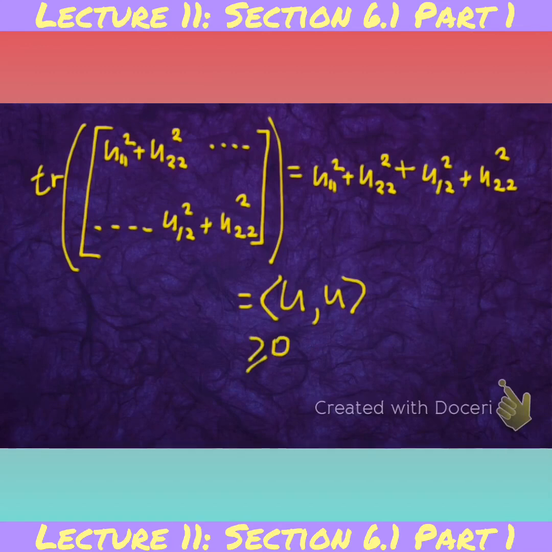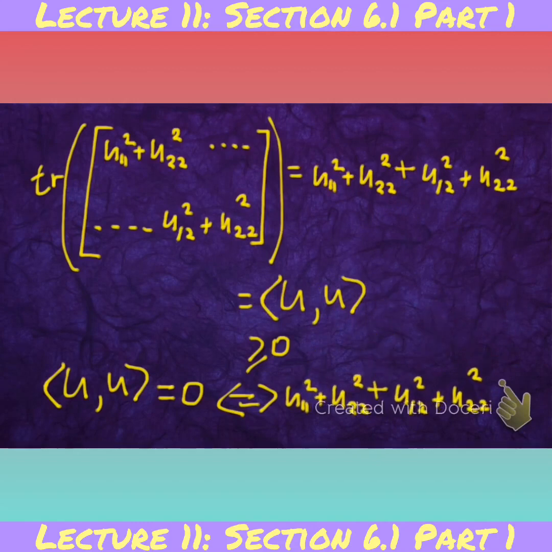Now also note that this product here, if you look at the product of U with itself, that is 0 if and only if this trace that we worked out here is 0.